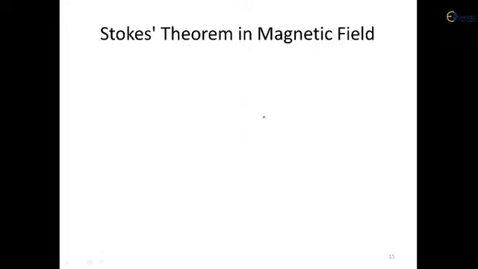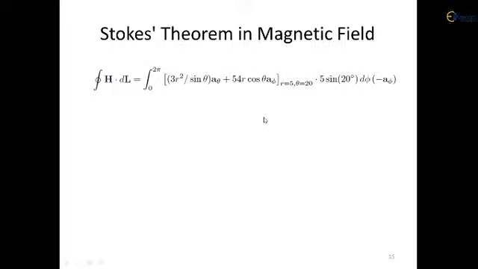So that is why we express H bar dot dl bar as the integral from 0 to 2 pi of 3r square divided by sine theta a theta added to 54 times r cosine theta a phi, where r is equal to 5 and theta is equal to 20 we put, having a dot multiplication with 5 sine of the angle 20 degrees d phi into the minus a phi direction here.